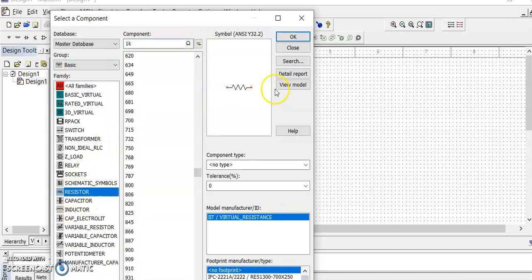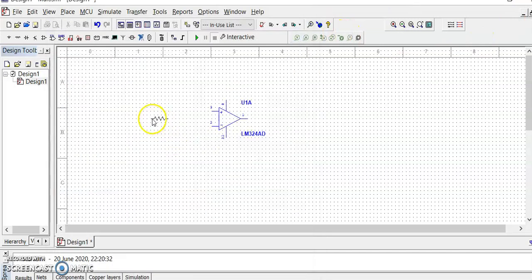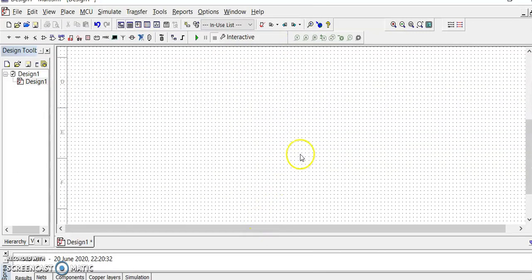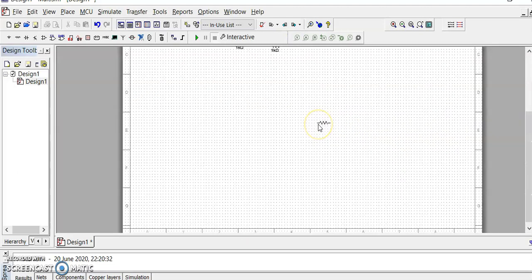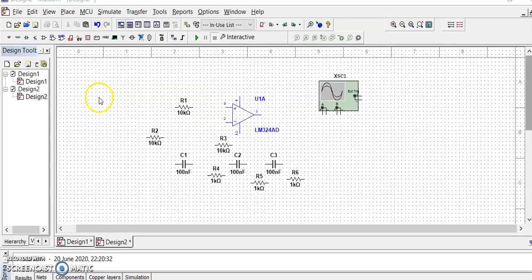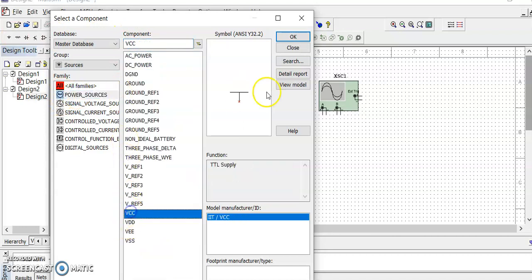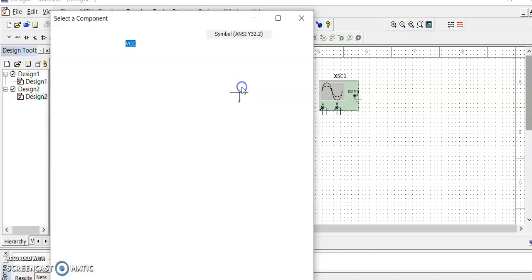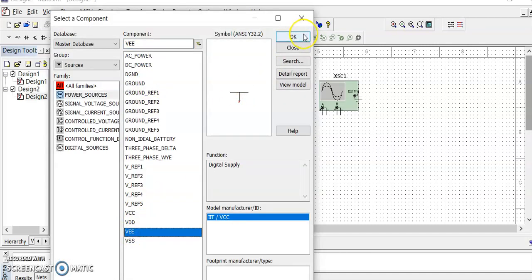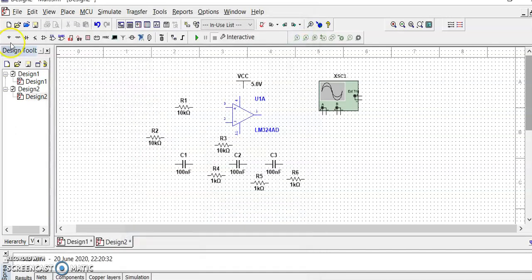Pick the resistors first, then you may make the arrangements. Now pick the voltage sources, the power sources VCC and VEE. Ground is also required.